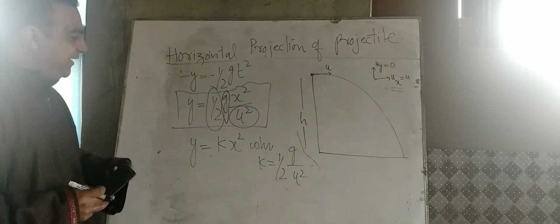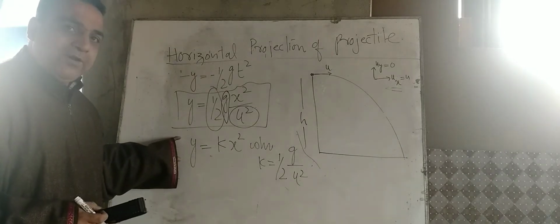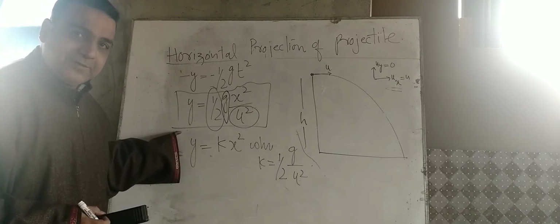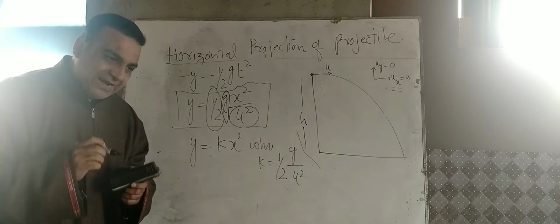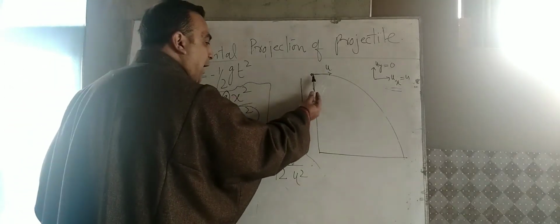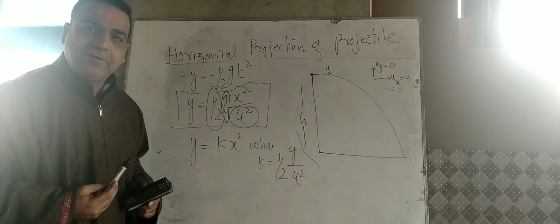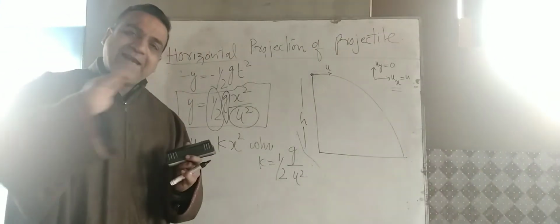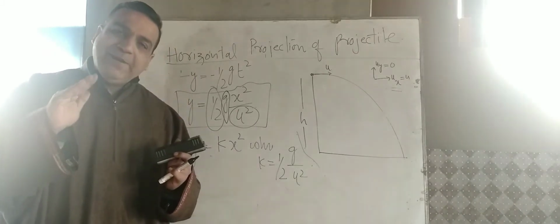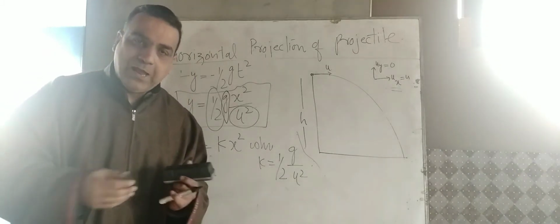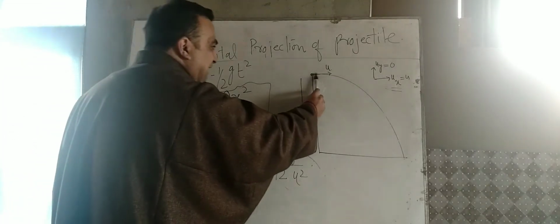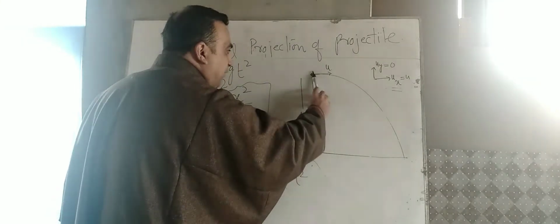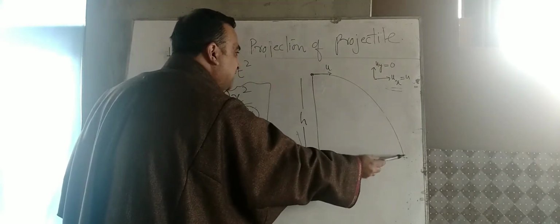Now the point of contention is that this equation is called the equation of a parabola of first order. That means the projectile that has been shot from this point in the horizontal direction will have a trajectory, a path, that is the same as that of a parabola. This trajectory means the total path taken by the projectile from the point of initiation to the point where it hits the ground.